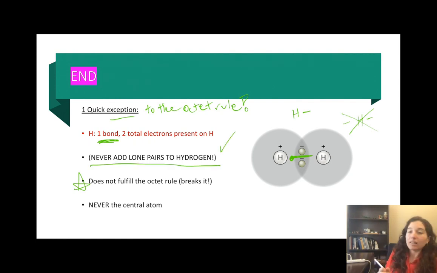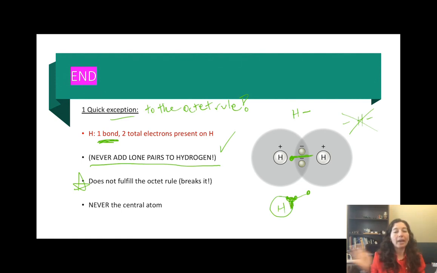Once it has 2 electrons shared in this chemical bond, you can't add any more. So we can't put lone pairs on hydrogen.